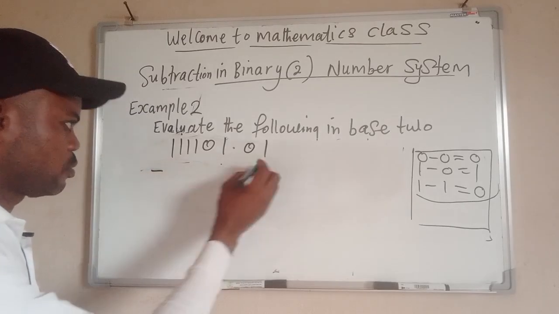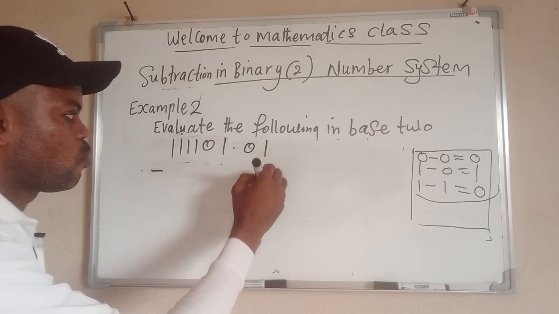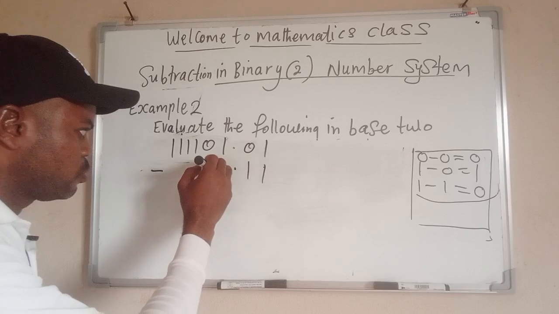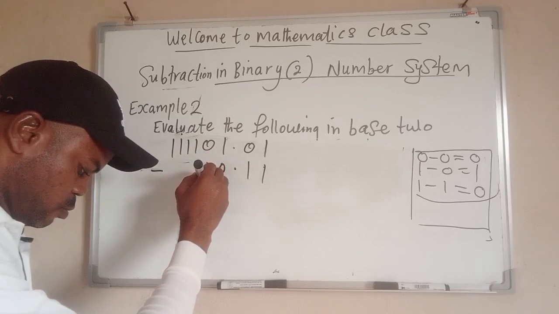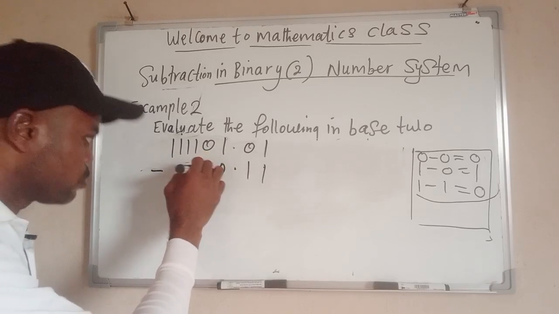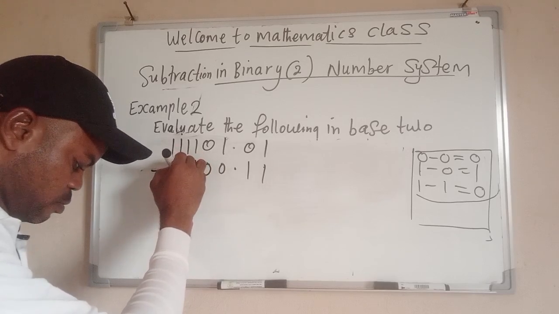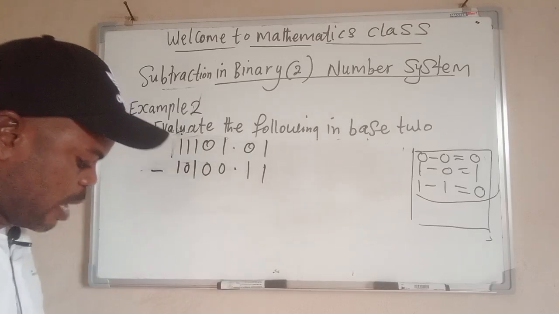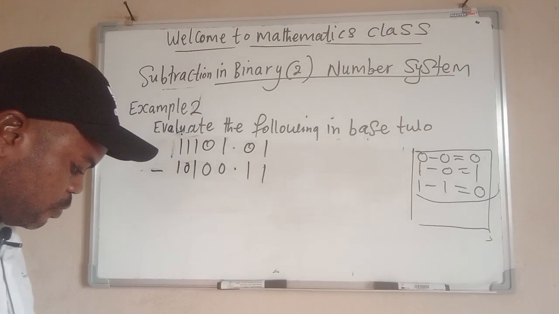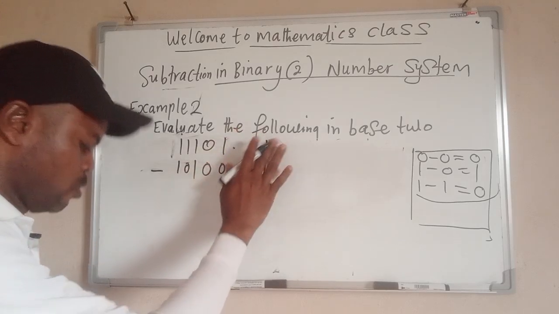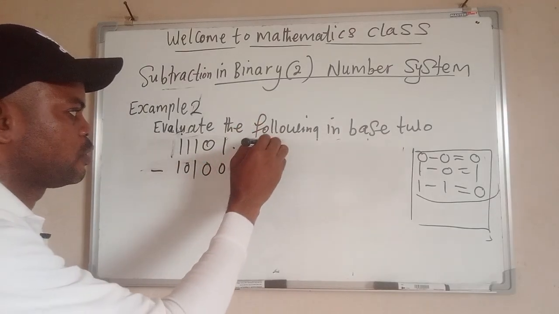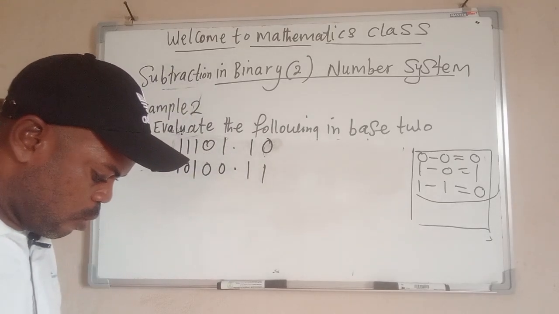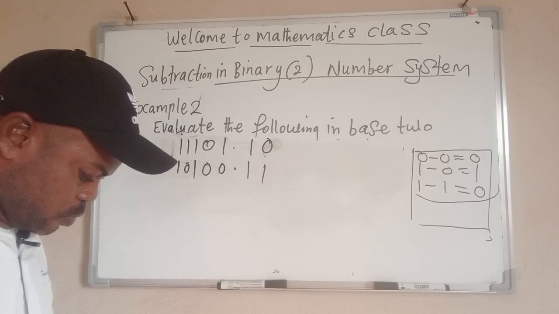It says minus 11.00 01. So what happens if you were asked to subtract these values? What do you do if you were given such a question?